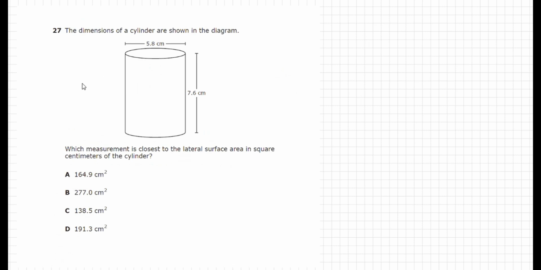Question number 27. The dimensions of a cylinder are shown in the diagram. Which measurement is closest to the lateral surface area in square centimeters of the cylinder? The formula for the lateral surface area of a cylinder is S equals 2 times pi times r times h. Pi is approximately 3.14.